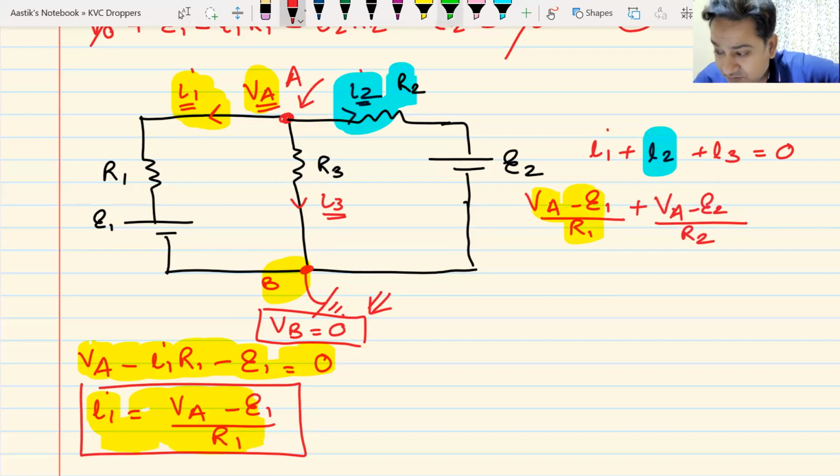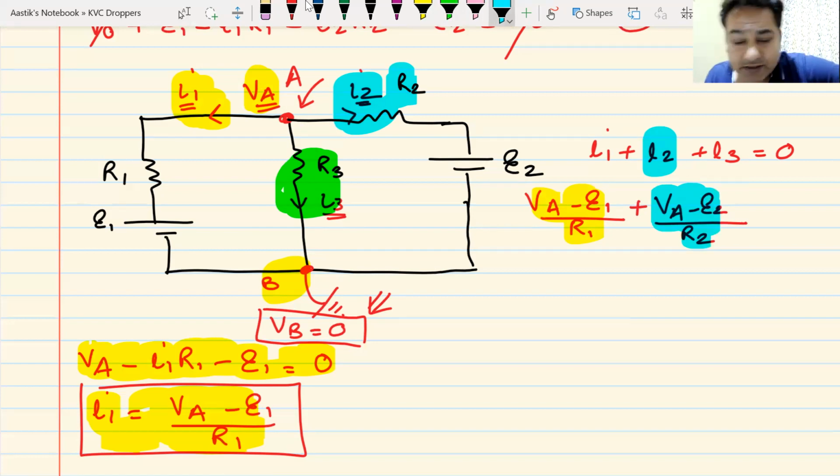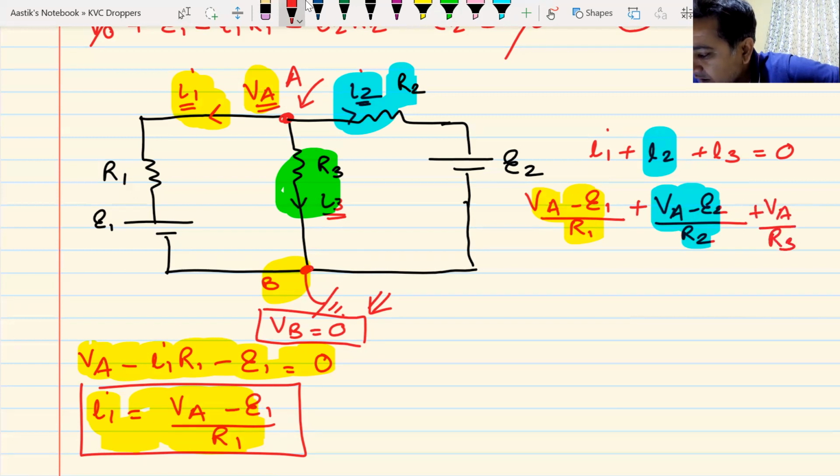Then I move into the third branch, which you missed. Now here there is no battery, so nothing gets subtracted. So what will I get as the value of I3? VA by R3. VA by R3 plus the other terms, that must be equal to 0.